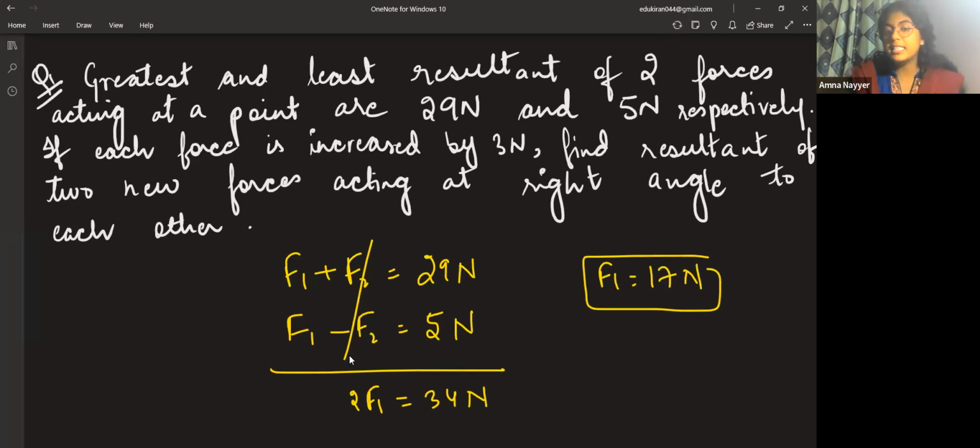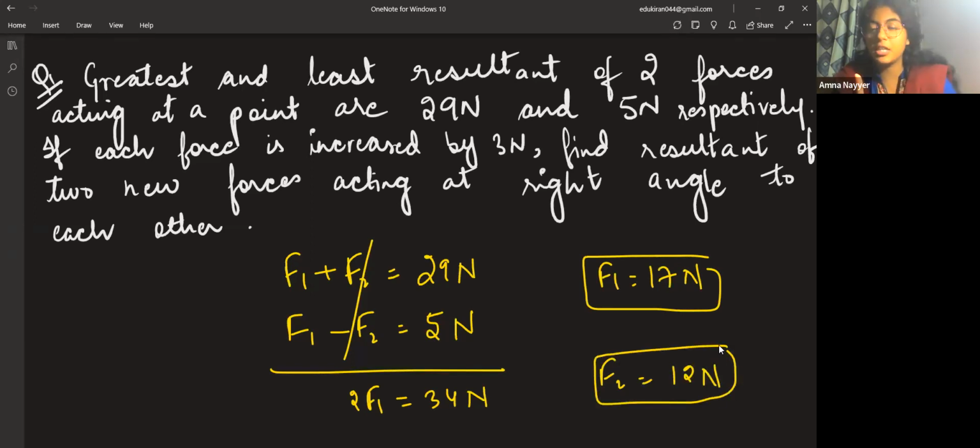And if F1 is 17, then 17 minus 5 becomes 12, so F2 is 12 Newton. At least we have this information now. What are the forces? Now what is it saying? It is saying if each force is increased by 3 Newton, which forces? The forces we have found right now, 17 Newton and 12 Newton.